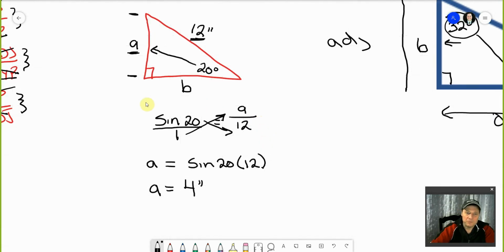When you start using trig all the time, things move really quick. If your unknown information is at the top, the numerator, then you simply multiply sine 20 by 12. Sine 20 times 12 will give you your answer.